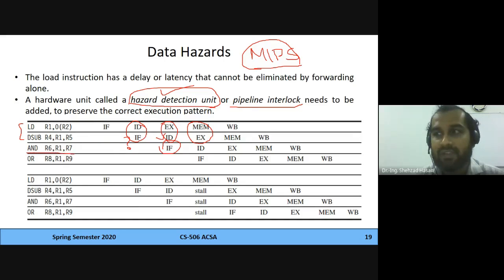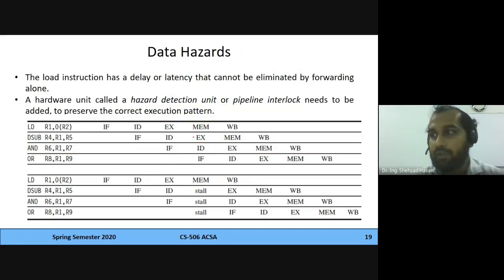So if you are going to insert a stall, you have to repeat some procedures again. So this is the right time to detect whether we have to insert a stall or not. If we insert a stall in the third cycle, and an instruction has already come into the pipeline, we need to decode the subtract instruction again. Because we are inserting a stall, we have to nullify this subtract and do the subtract operation again.